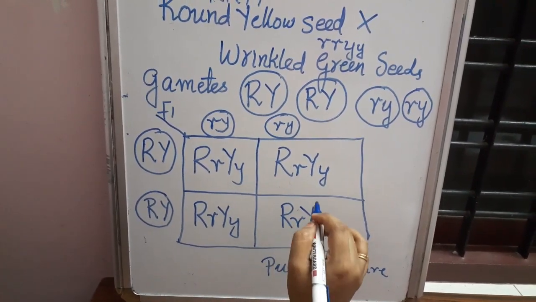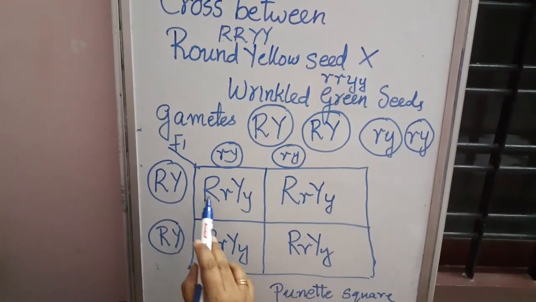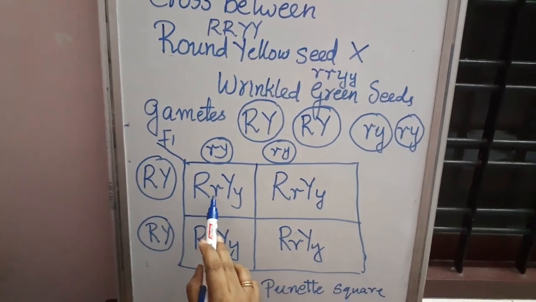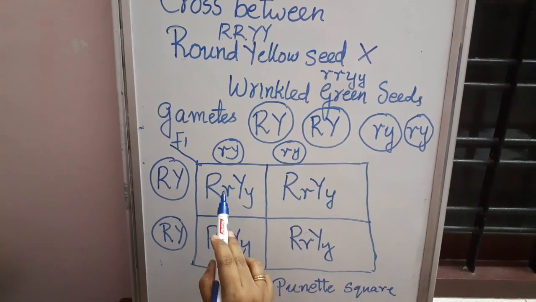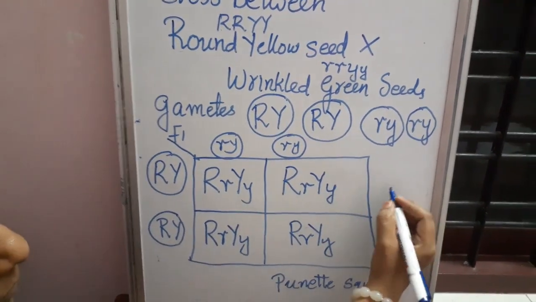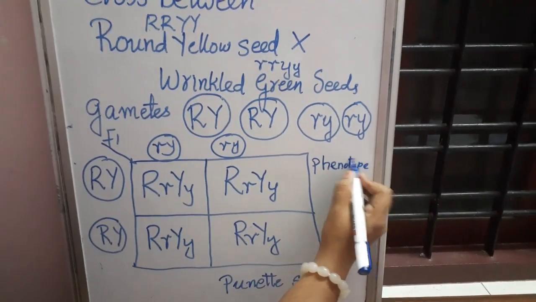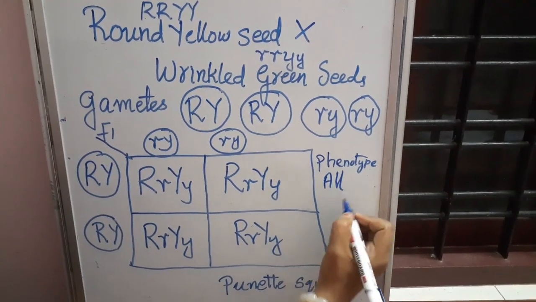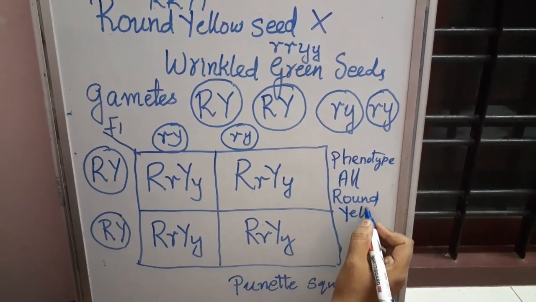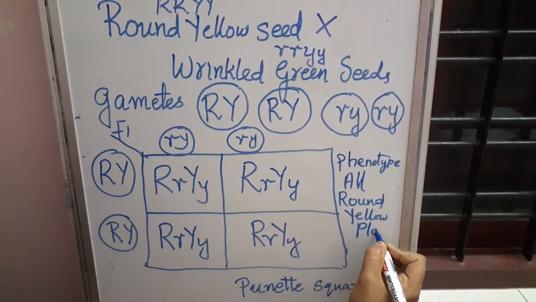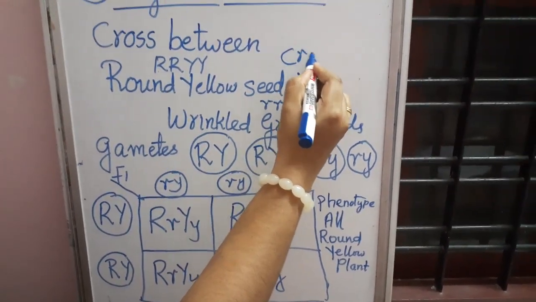All will be round yellow seed, right? Because R is dominant over wrinkled. Round is dominant over recessive. So the phenotype will be all round yellow plant.